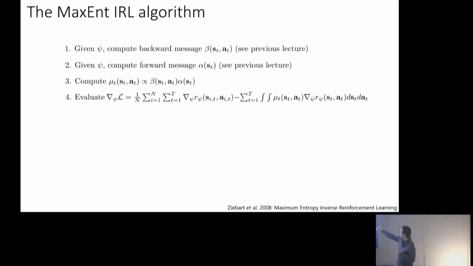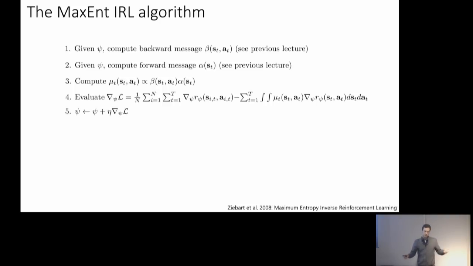And the second term, we're going to sum over all the time steps. And for each time step, we're going to sum over all the states and actions and multiply together the visitation probability times the gradient. And we're going to subtract that. So the states that get visited by the policy, their reward is reduced. The states that are visited by the expert, their reward is increased.